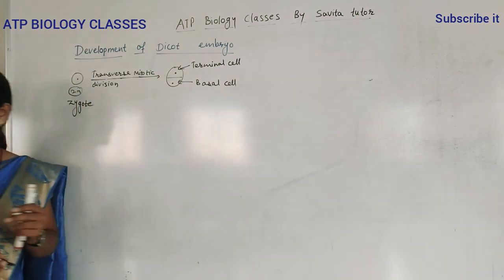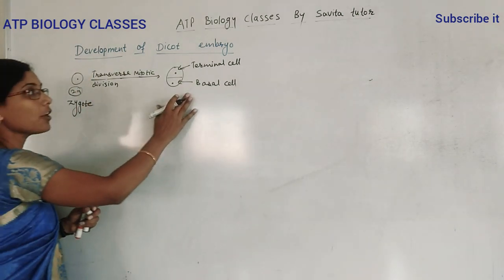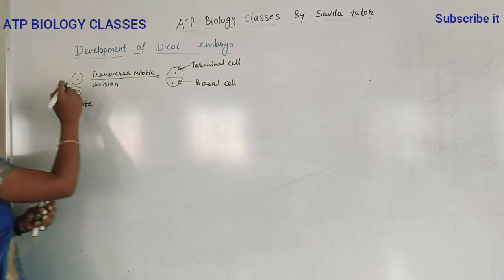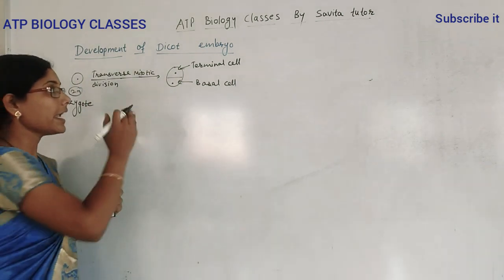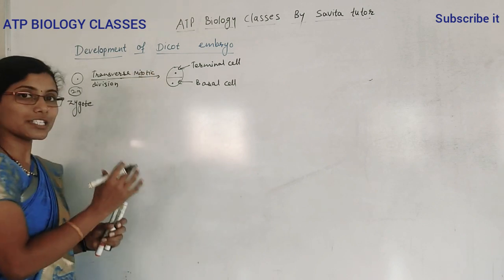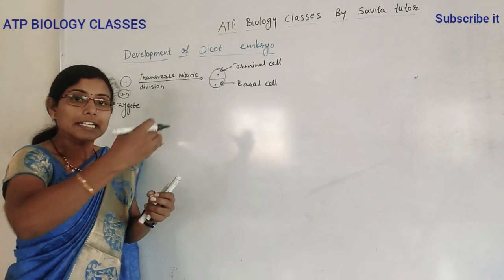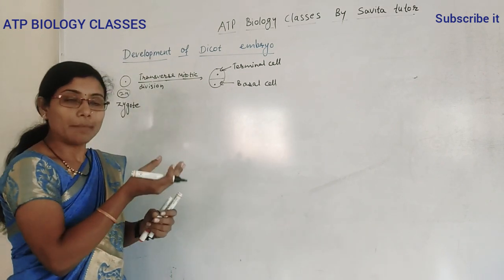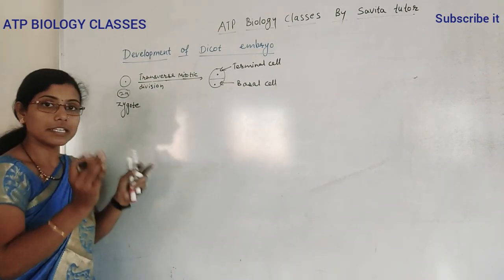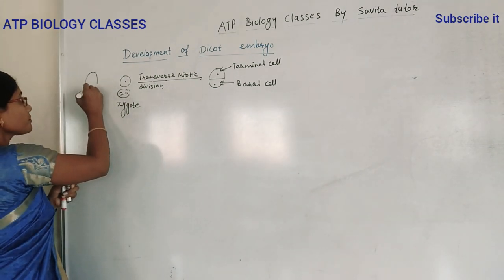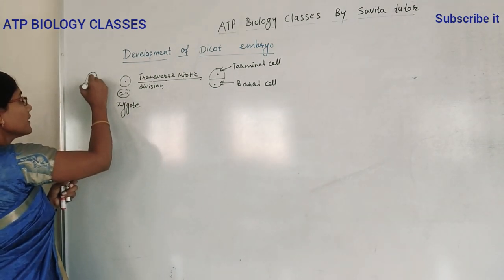So terminal cell and basal cell we are saying on the basis of the ends, chalazal end and micropylar end. Whenever we are considering the ends, we have to see where the zygote is forming inside the ovule. It is forming towards the micropyle, right? If you see the structure of anatropous ovule, it is like this.